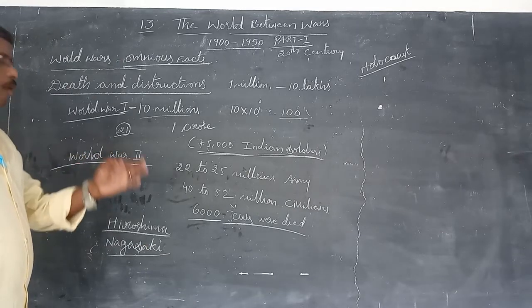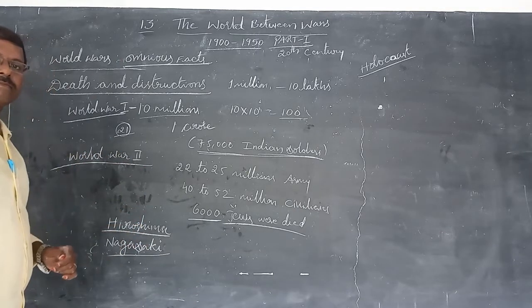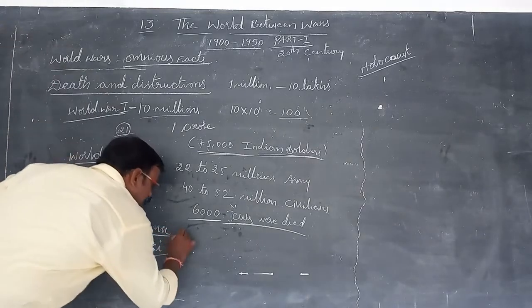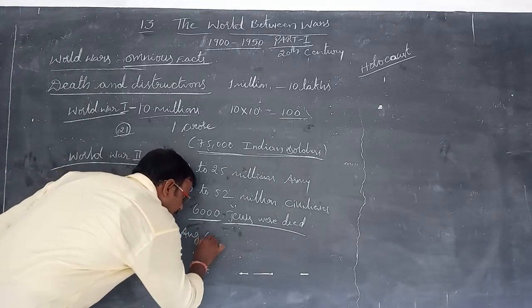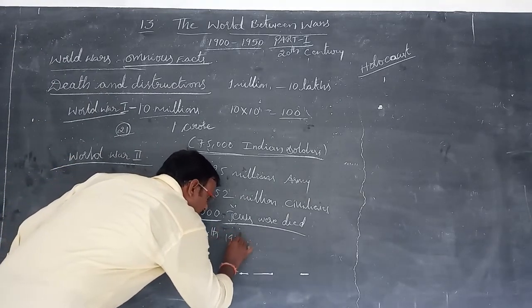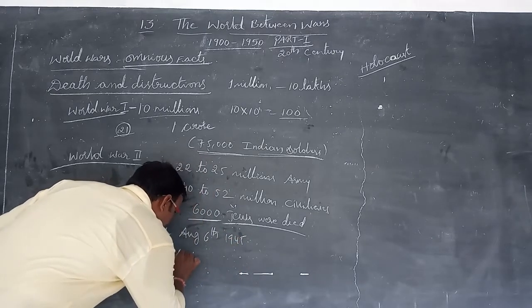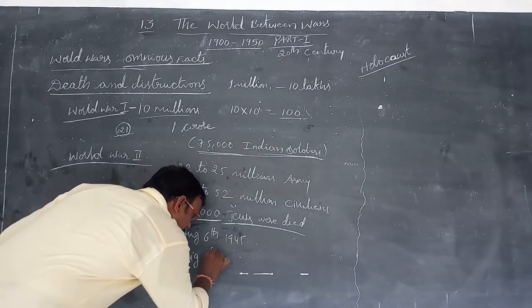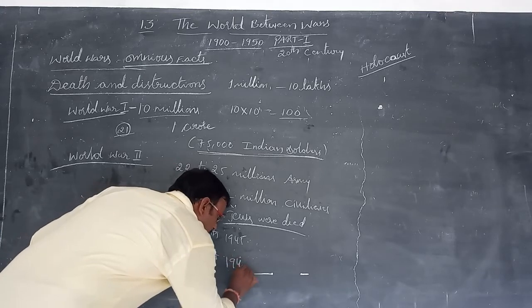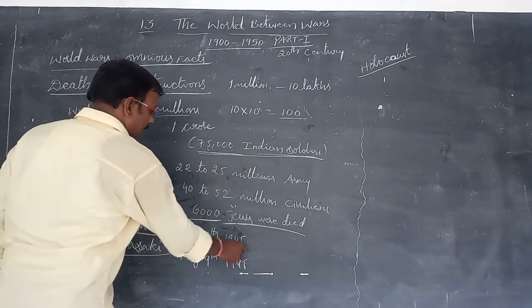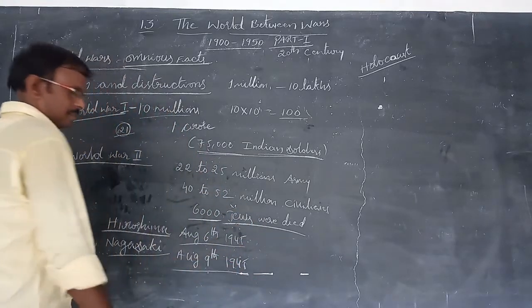The USA threw atom bombs on these 2 places on August 6th, 1945 and August 9th, 1945.